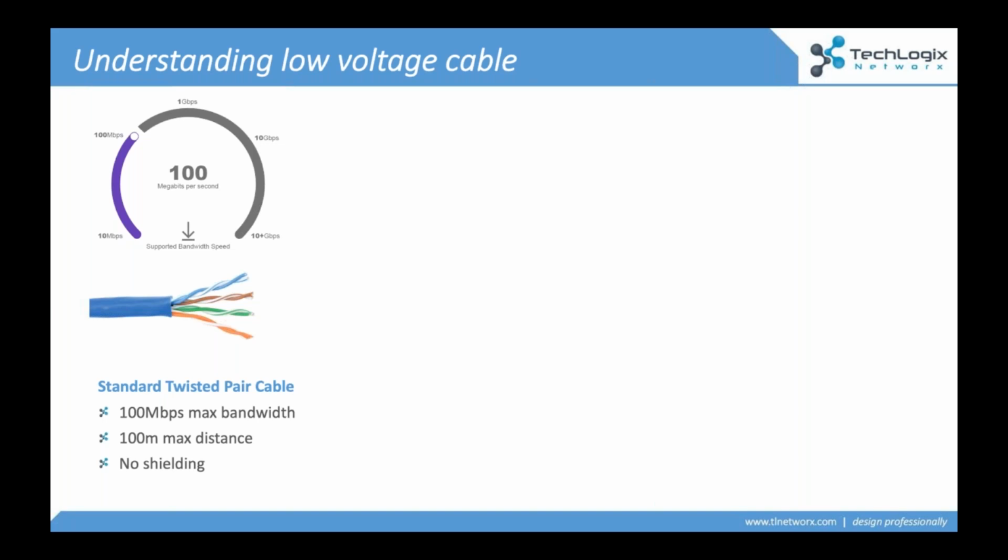A traditional standard twisted pair cable maxes out at 100 meg. That's not a lot of bandwidth, especially when we talk about the signals we're moving today. We'll quantify this in a minute, but know this for the sake of conversation right now: standard twisted pair cable, 100 megabits per second max bandwidth, 100 meter max distance. So that's 330 feet. That's a number that most people are familiar with.